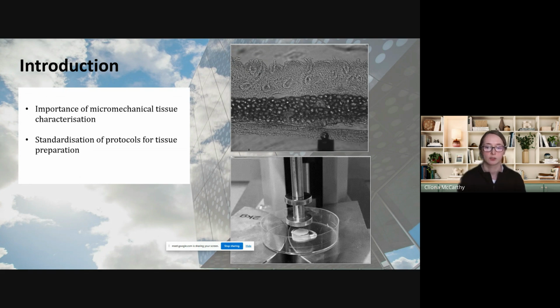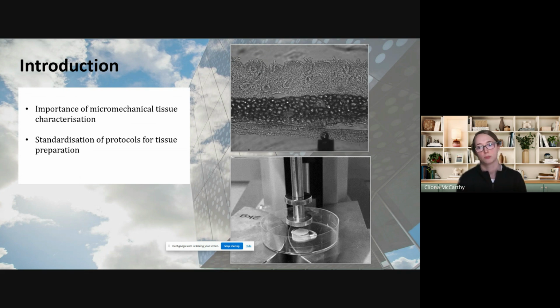And while some protocols are very in depth about one particular type of tissue, there was a lack of standardization for a protocol that could be used for various types of tissue, and then if you could apply it to various types of tissue, often the tissue wasn't fresh, and we know from literature that freezing or fixing and freezing of the tissue can cause mechanical changes to the tissue.